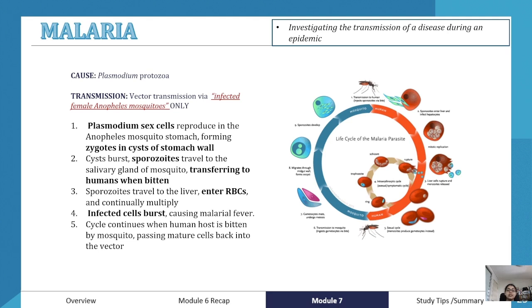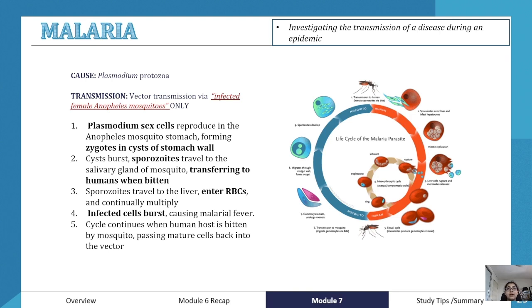And finally, the cycle continues when the human host is bitten by a mosquito, which passes those mature Plasmodium cells back to the mosquito. Because once you have been infected with malaria, the Plasmodium protozoa stays within your body, so you can't get rid of it, which is why people see relapses of malaria. It's hard to get rid of, but there have been treatments for it.